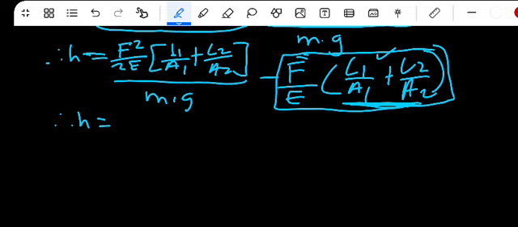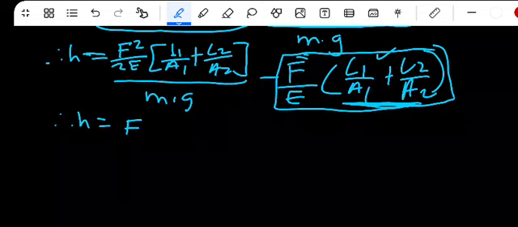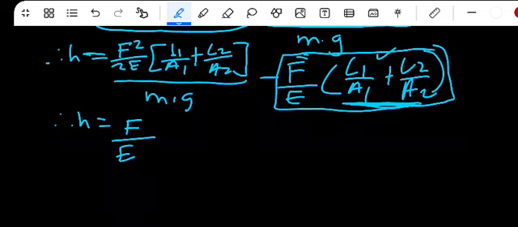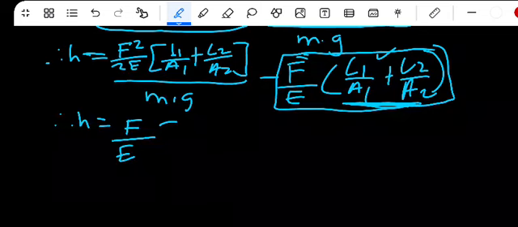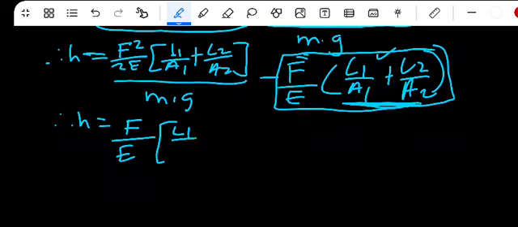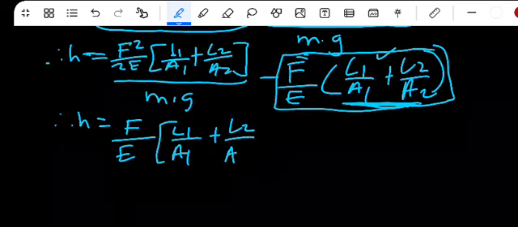we'll be left with F over E, right, into L1 over area 1 plus L2 over area 2.